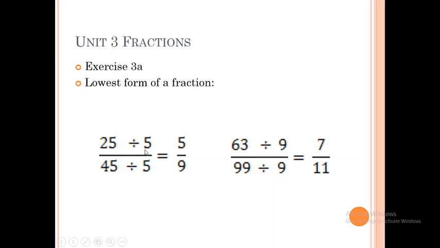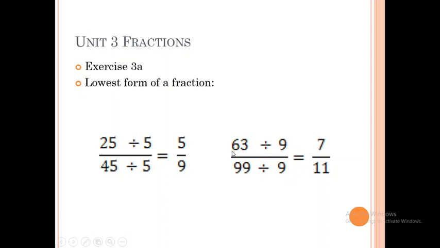After doing the division, 25 divided by 5, you will get the answer 5. 45 divided by 5, you will get the answer 9. So 5 by 9 is the simple form or the lowest form of the given fraction 25 by 45.